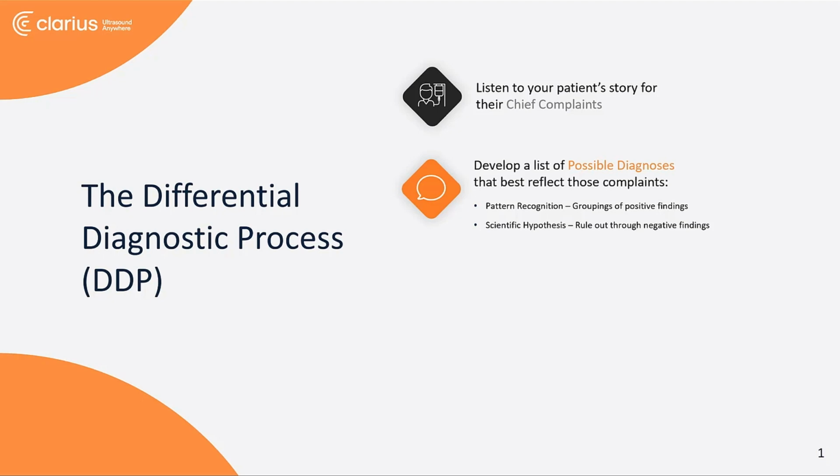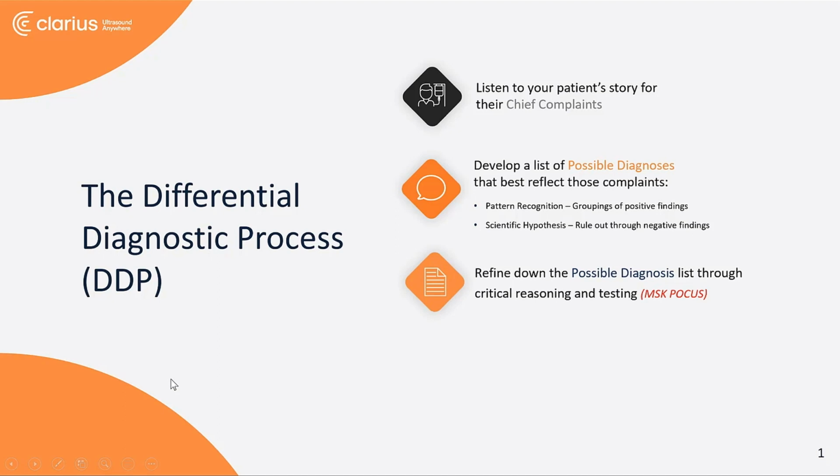The second strategy involves scientific hypothesis, and that's where we simply evaluate could it be this, could it be that, through various testings. Once we get a list of possible diagnoses, we then do critical reasoning and testing to challenge those diagnoses and attempt to rule them out or rule them in.